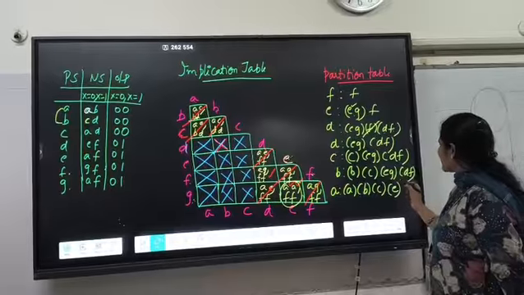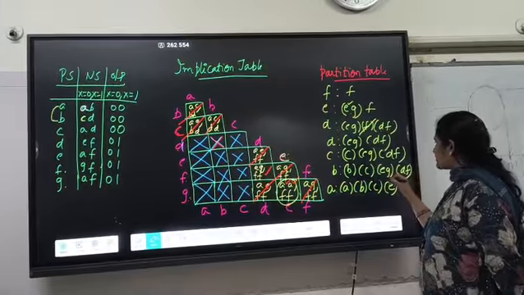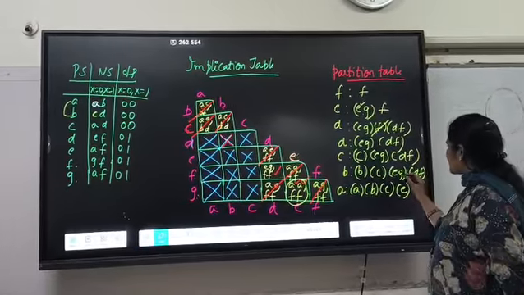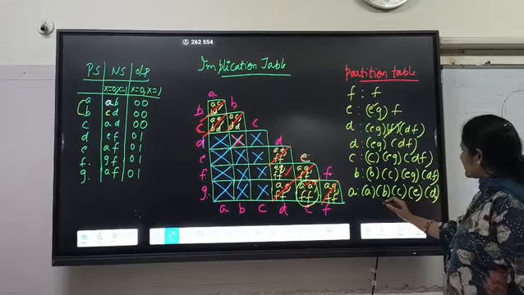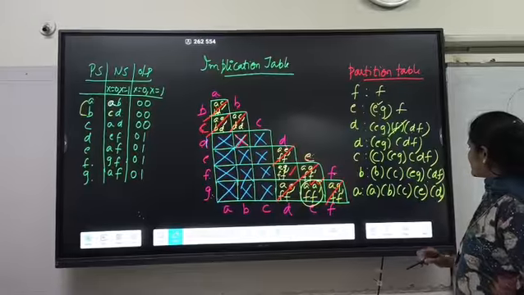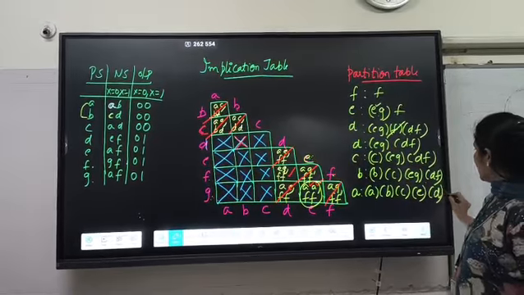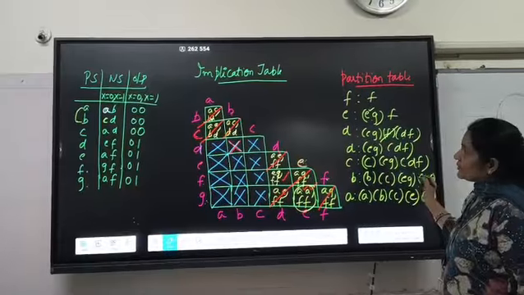So I will retain E, because usually we don't do the backward transition, right? So I will retain the earlier one. Here also I will retain D. So I got 5 equivalent states A, B, C, E and D.